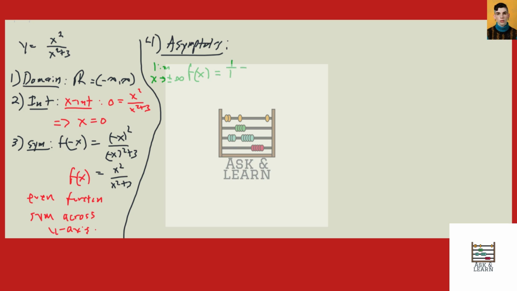So we have 1 over 1, which is 1, and remember, we just know this from chapter 2.6. So we have a horizontal asymptote at y is equal to 1.